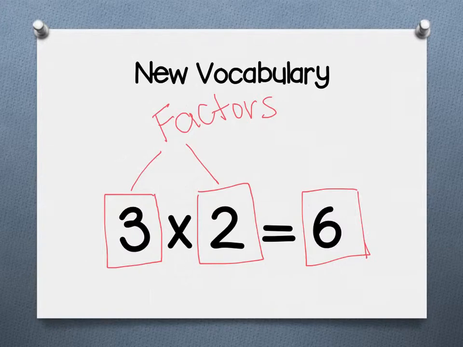And the answer in a multiplication is called a product. So parts in the multiplication problem are factors, these two numbers, and it doesn't matter if it's a 3 or 2. It can be a different number. These are the factors, and this is the product. I bet you don't know what this is. I hope you said a multiplication sign.